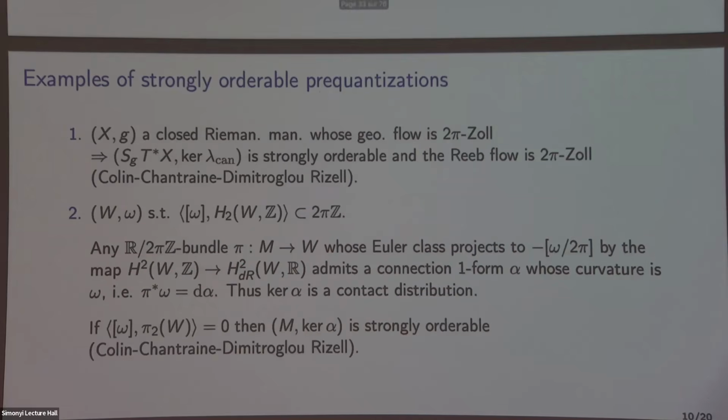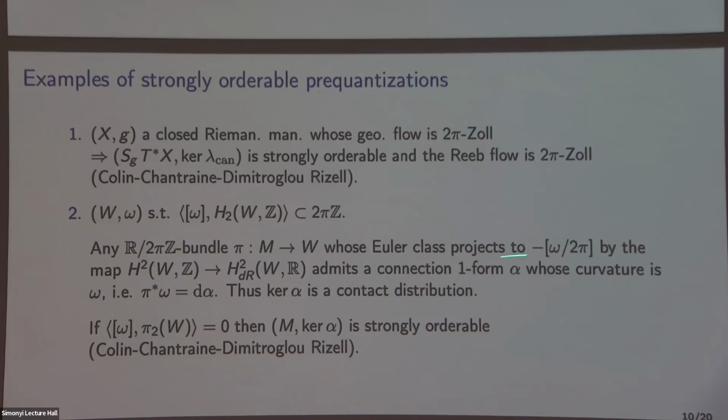And if you assume, moreover, that the evaluation of omega over pi 2 of W is 0, then results of Colin, Chantraine, and Dimitroglu-Ritzel again show that this contact manifold is strongly orderable, because this manifold will be hypertight.